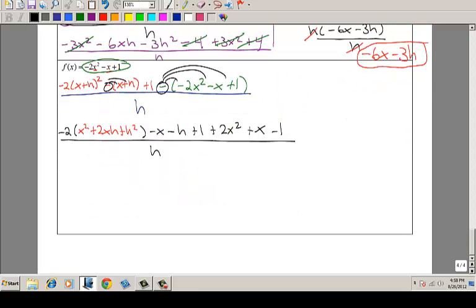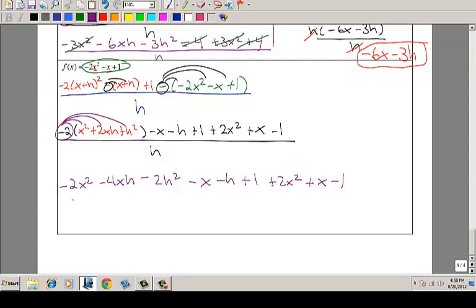Let's go ahead and distribute that negative 2. If I distribute this negative 2, I have negative 2x squared minus 4xh minus 2h squared, and then there was that minus x minus h plus 1 plus 2x squared plus x minus 1, everything over h. So I distributed up to here and then just copied the rest of it down.